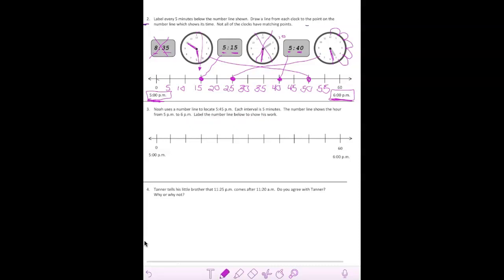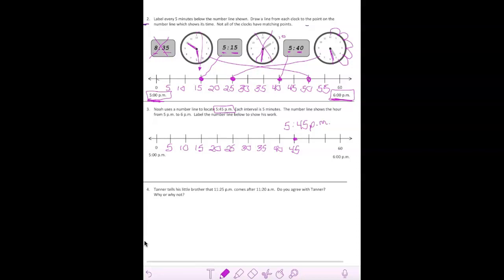So he's using 5-minute intervals, and he wants to locate 5:45. So 0, 5, 10, 15, 20, 25, 30, 35, 40, 45. This is 5:45 p.m.